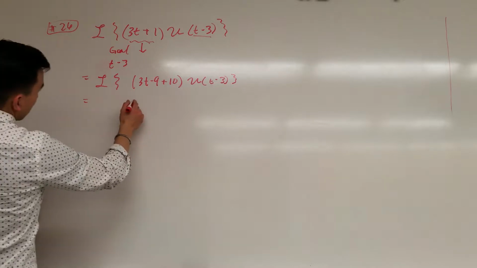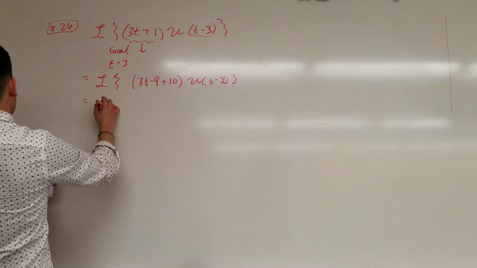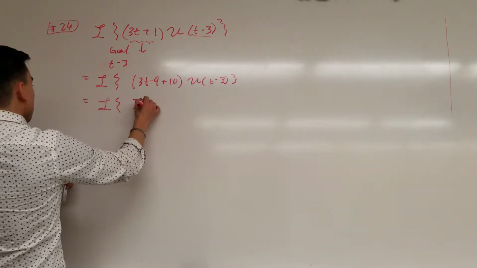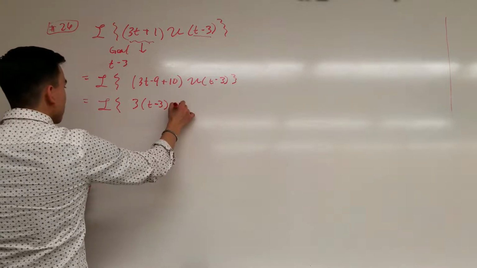So if we look here, we'll have the Laplace of 3 times t minus 3, plus 10.